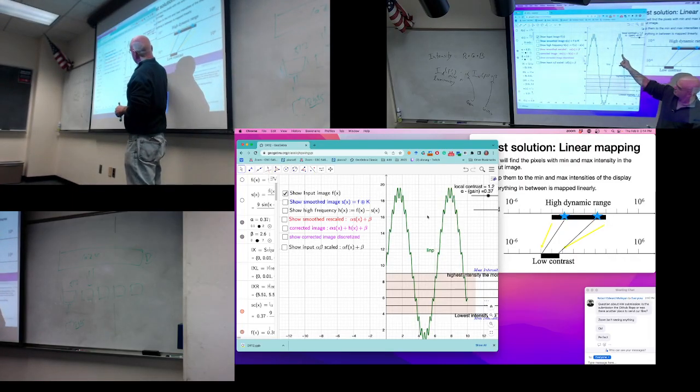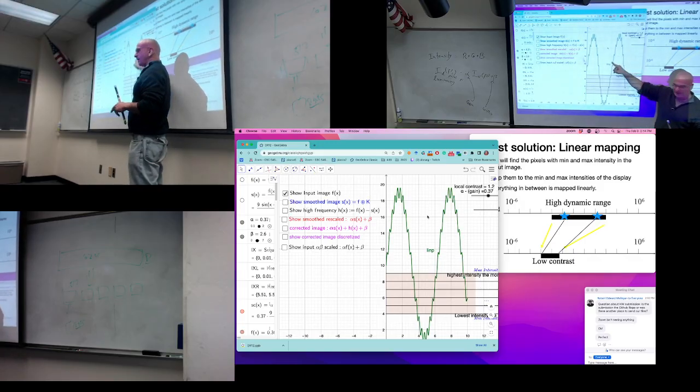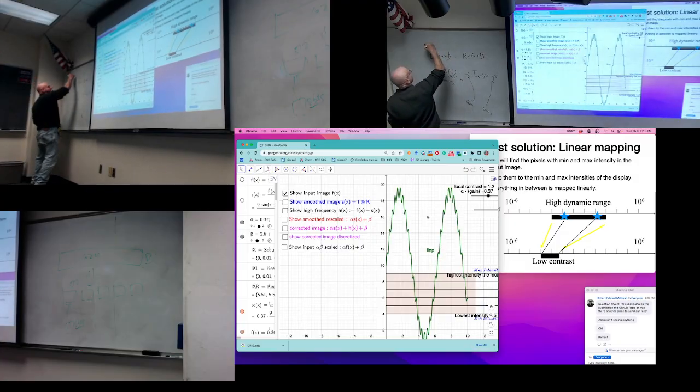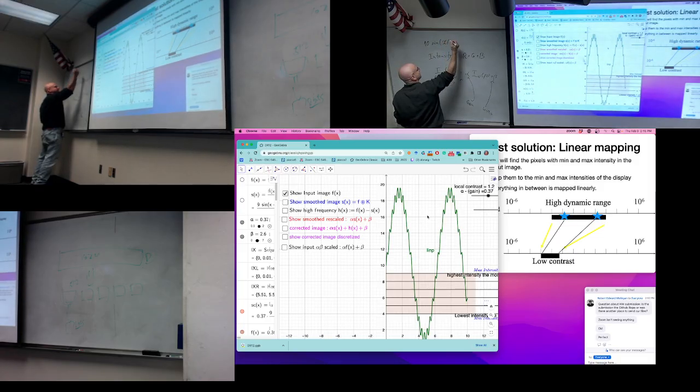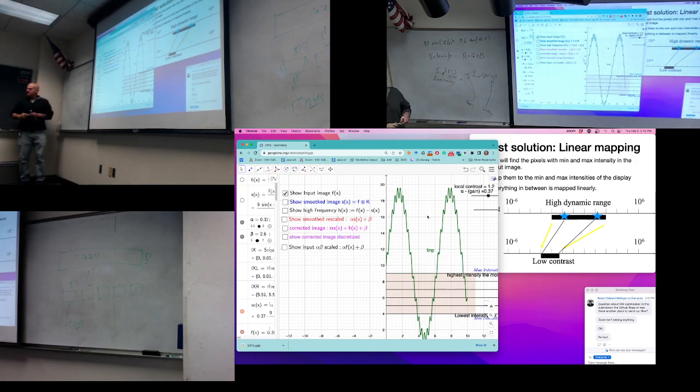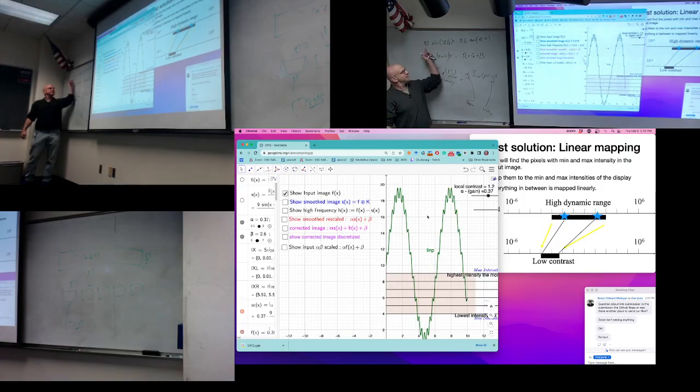So this function, by the way, is something like 10 sin(x/3) plus 0.6 sin(10x). Nothing important in this particular function, but you see what's happening here.